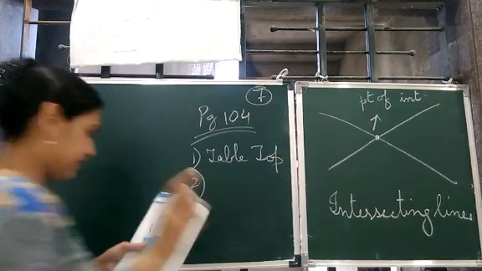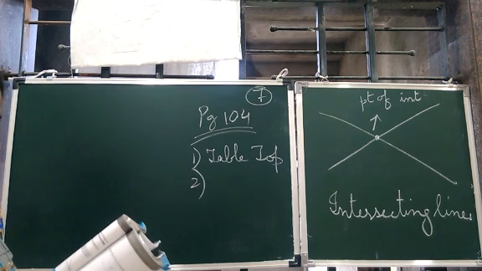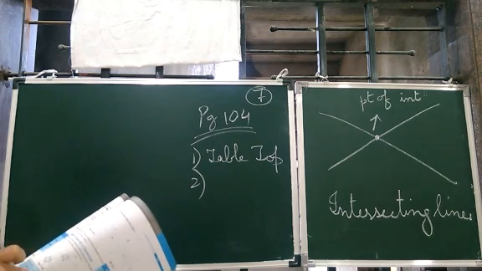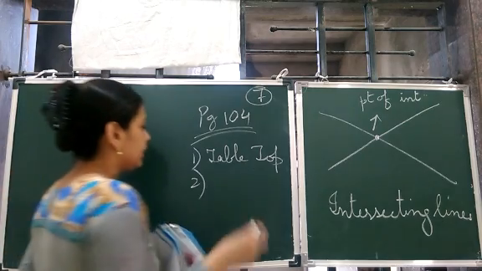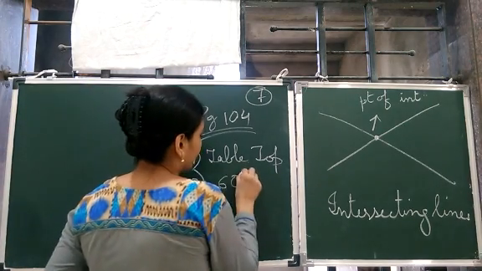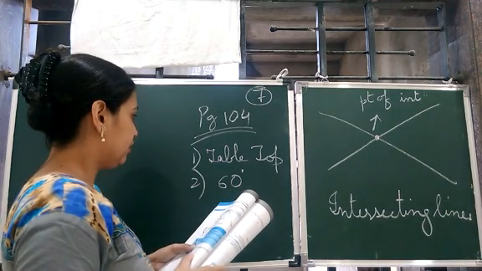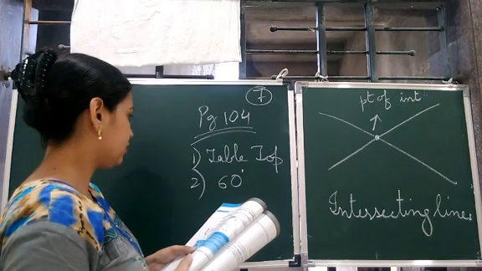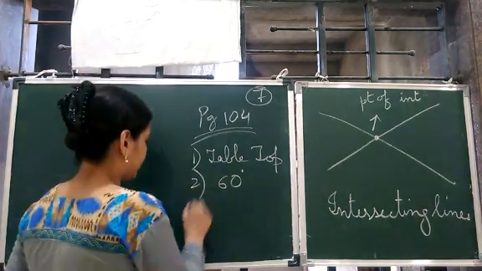Find the measure of angles made by intersecting lines at the vertices of an equilateral triangle. If it is an equilateral triangle, then all the angles should be the same. So all the interior angles are 60, 60 and 60. Every angle will be 60 degrees.